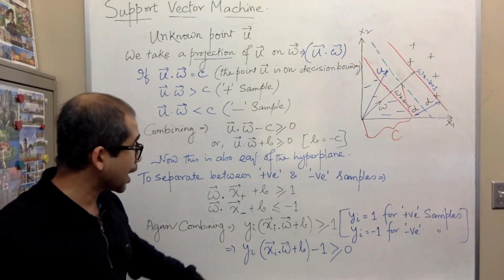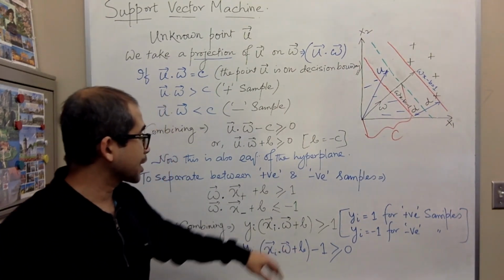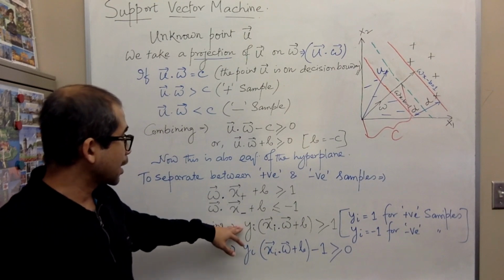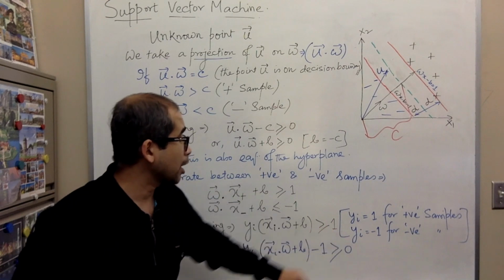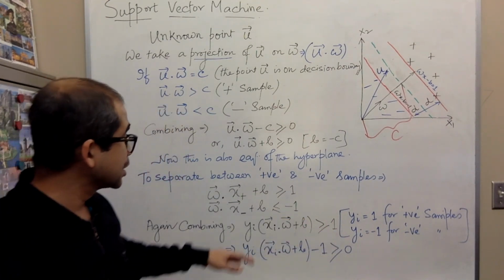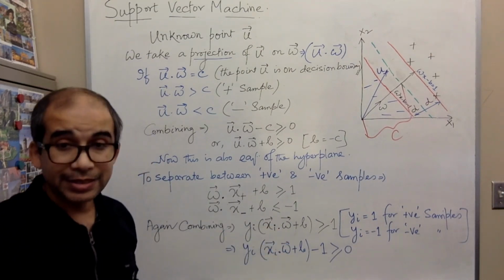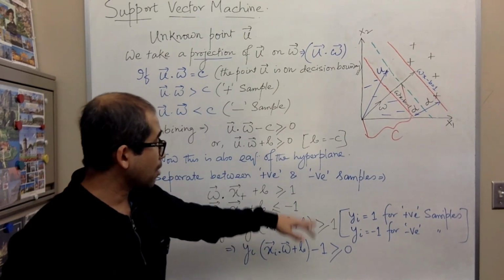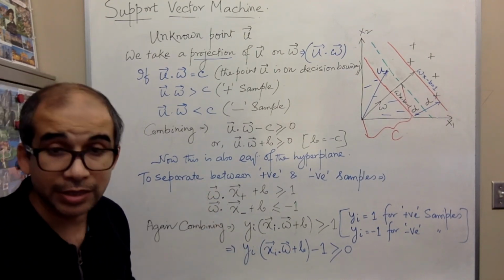If we multiply with yi, when yi is positive, this equation just becomes xi dot W plus b greater than or equal to 1, because yi equals 1. But for a negative sample, what happens? This is multiplied by minus 1 because yi equals minus 1. So minus 1 times this greater than or equal to 1 means, by the rule of inequality, xi dot W plus b less than or equal to minus 1. So that becomes the second equation. So yi is a common variable which combines these two equations into one single equation.